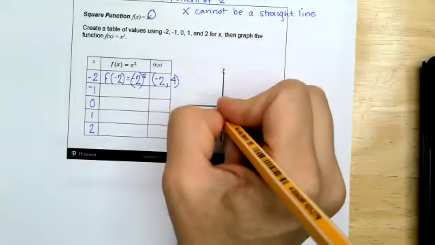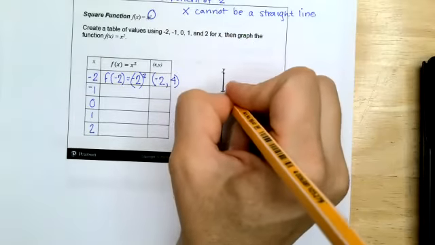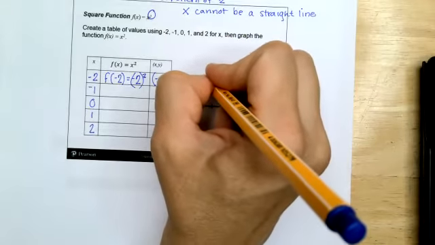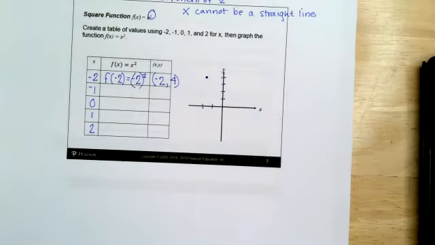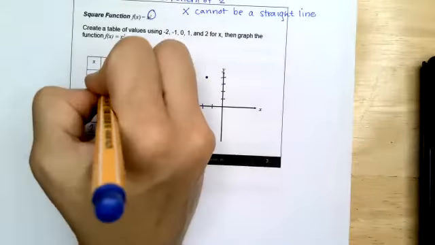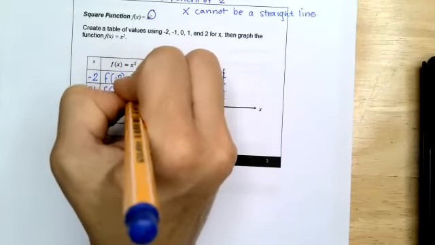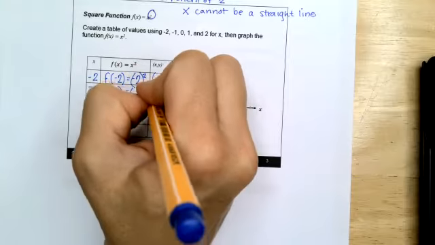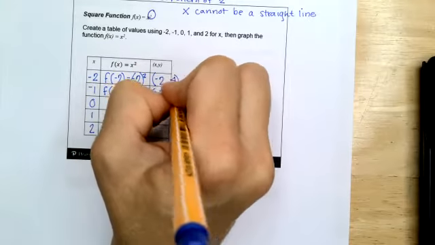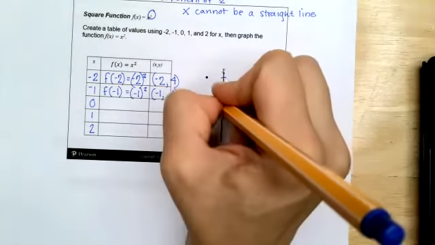So it's actually -2, +4. Then -1. -1 times -1 is a +1.